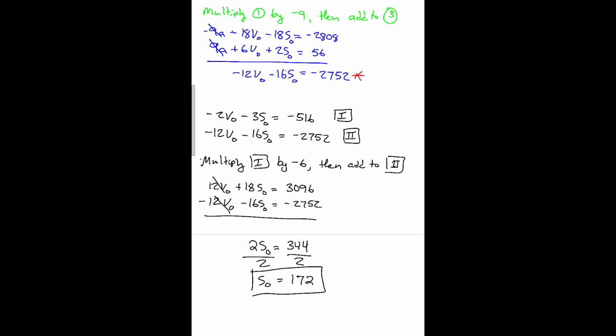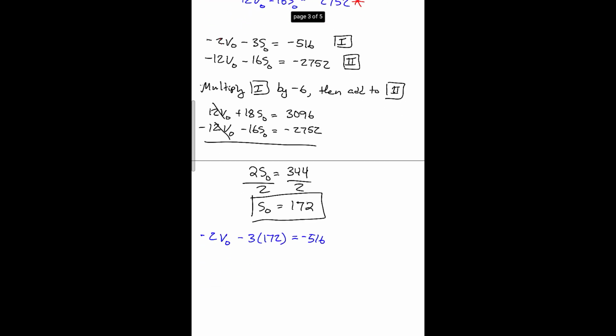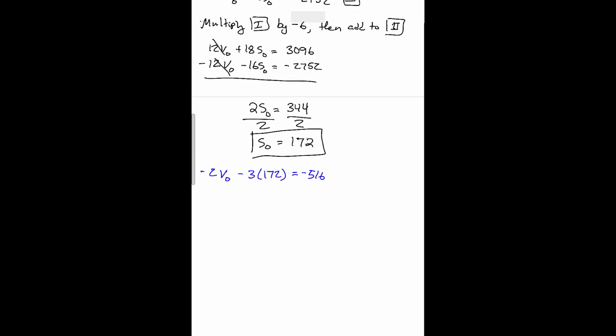So we have negative 2 v naught minus 3 times 172 equals negative 516. When you solve it out, you get a v naught which is equal to 0. That's also very important. So we have the values for s naught and v naught.